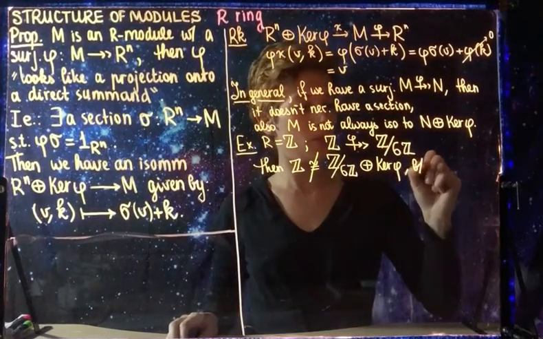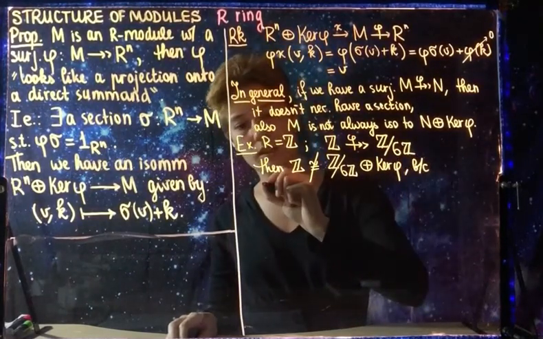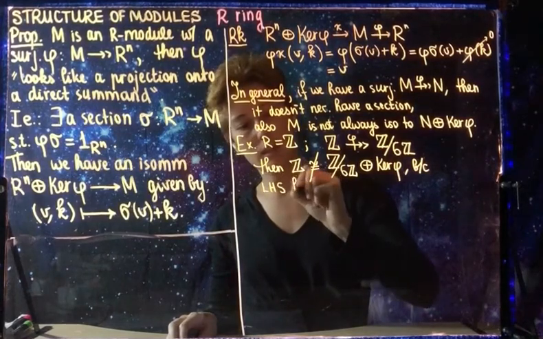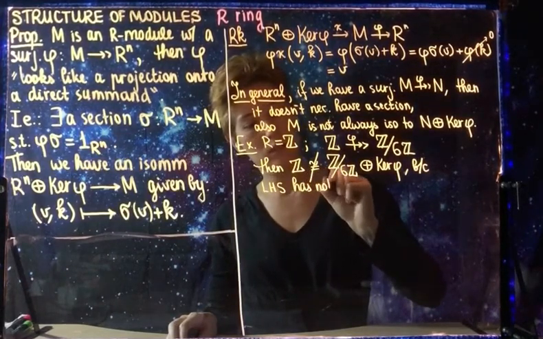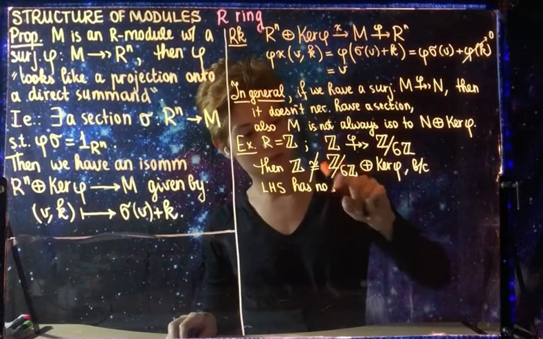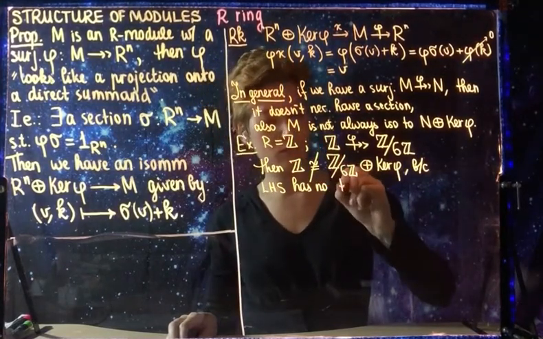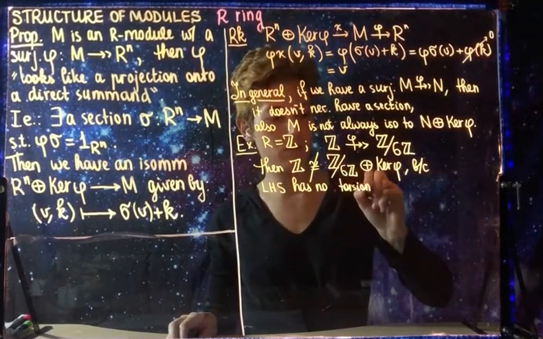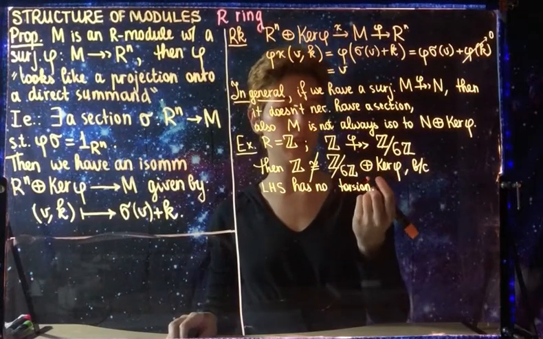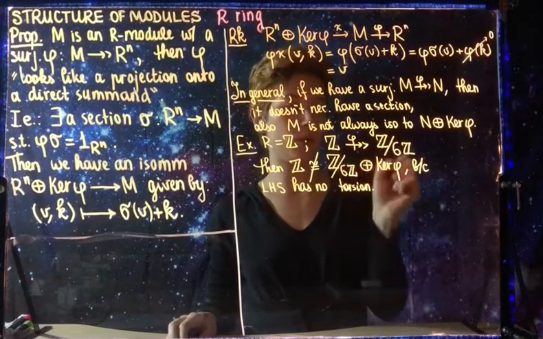Because, for example, the left-hand side has no torsion. But Z mod 6Z provides torsion elements to this direct sum.